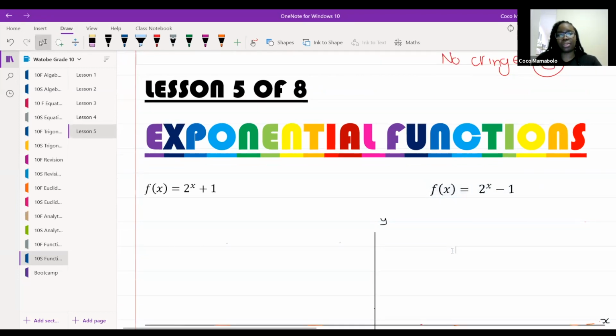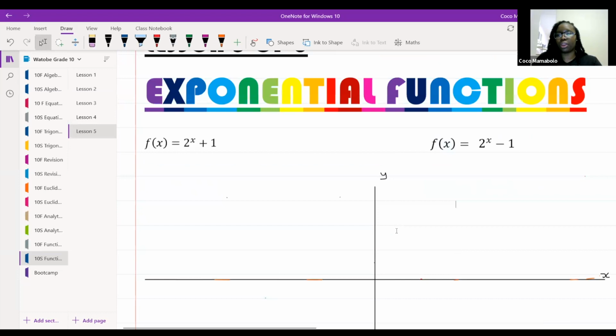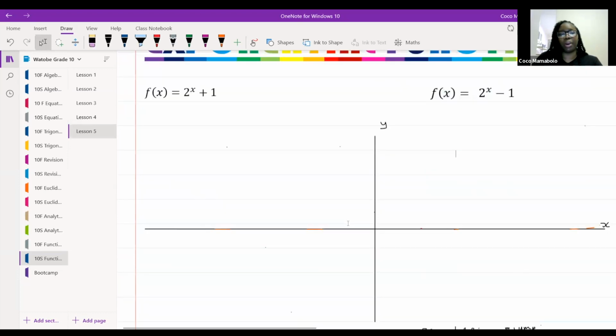Do we want to start with 2 to the power of x plus 1? I said the y asymptote is equal to 1. And for the y-intercept, x is equal to 0, which is 2 to the power of 0 plus 1, which is equal to 2. Excellent. So I'm going to draw in our asymptote at 1.